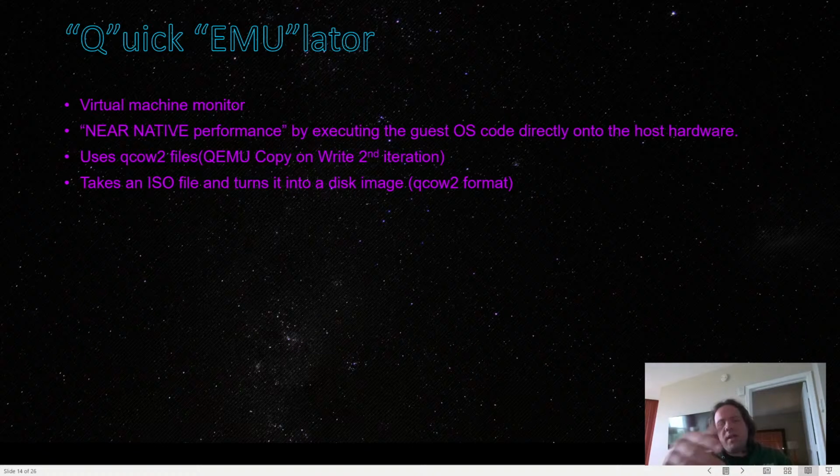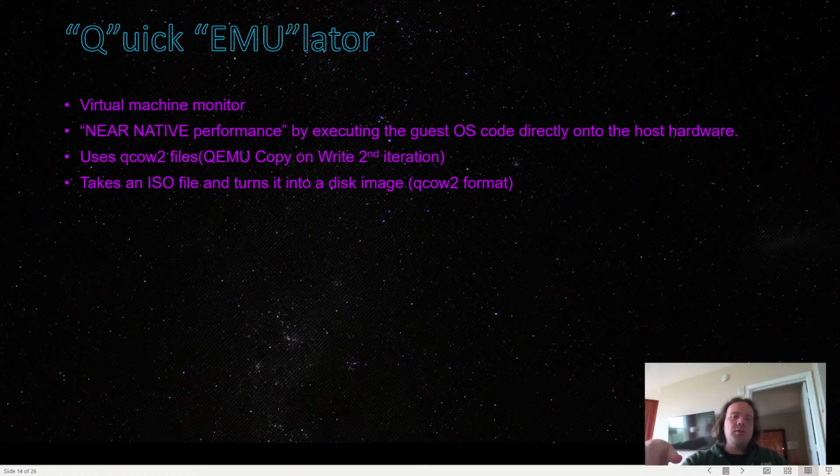So what QEMU is going to do is take an ISO file, which is what you download when you download Linux from the internet, and what you would throw onto a USB to boot live and then install on your computer.